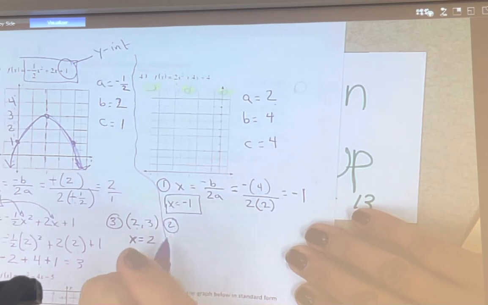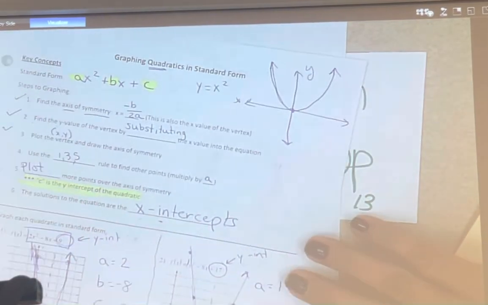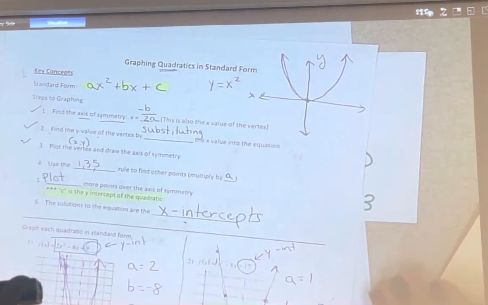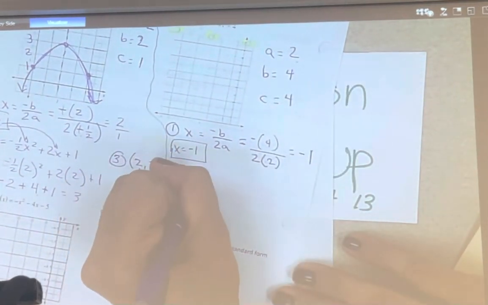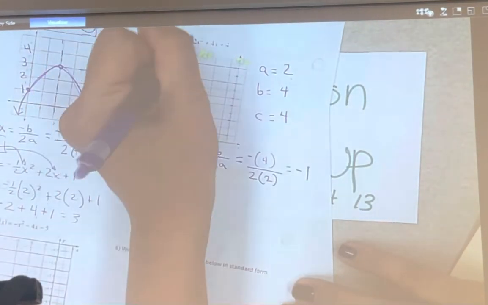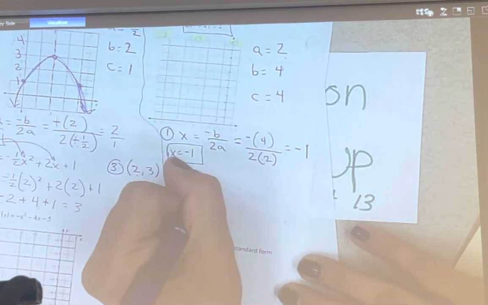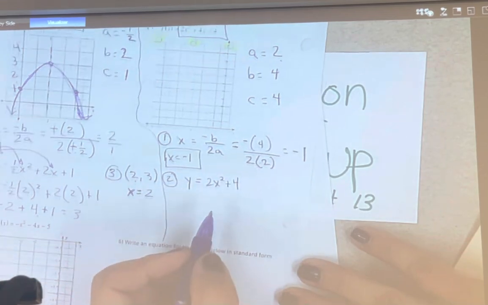Step 2. What's step 2? Step 2 is find the y value of the vertex by substituting the x value into the equation. So y equals, here's our equation up here, 2x squared plus 4x plus 4.